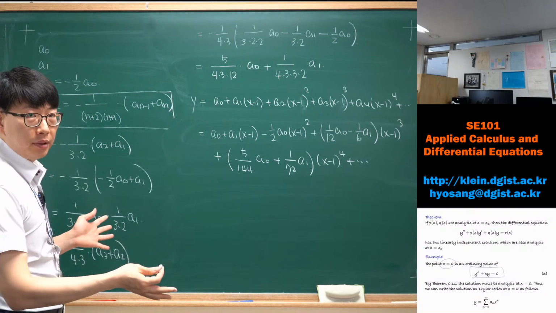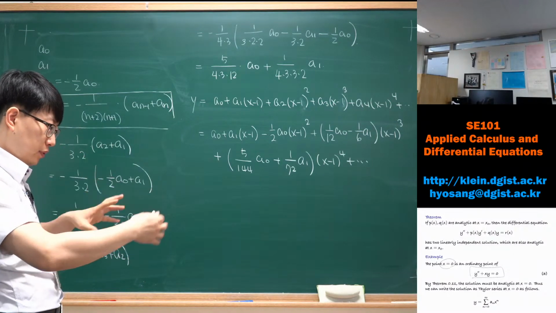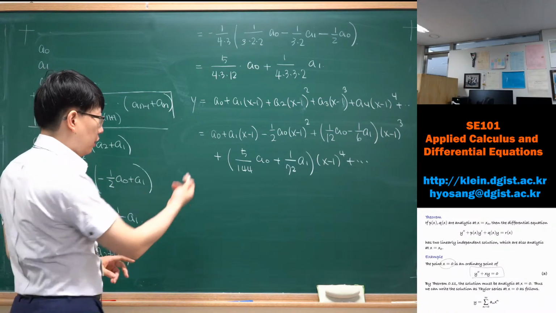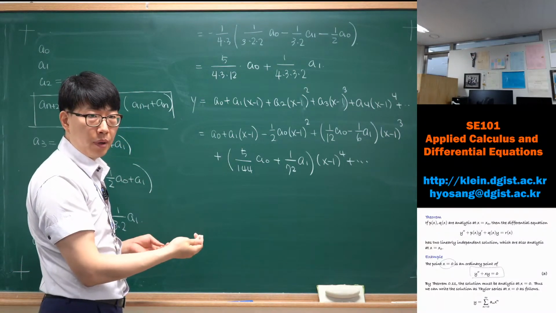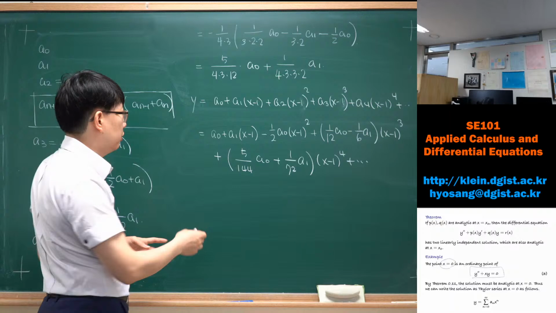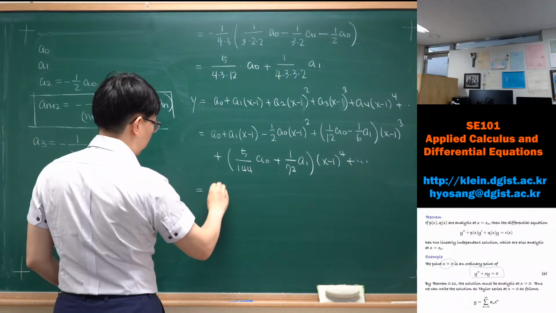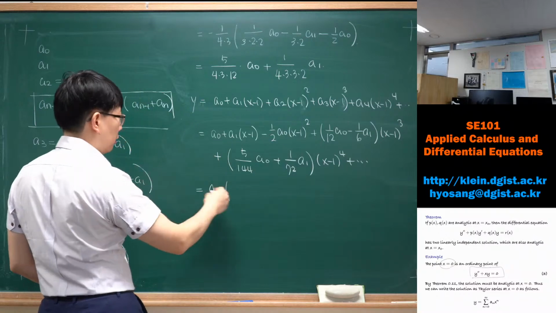So this is a messy expression. I want to make a sum of two fundamental solutions. So A0 and A1 are unknown variables, which serve as parameters in the general solution of our series solutions. So let's combine the terms that contain A0.